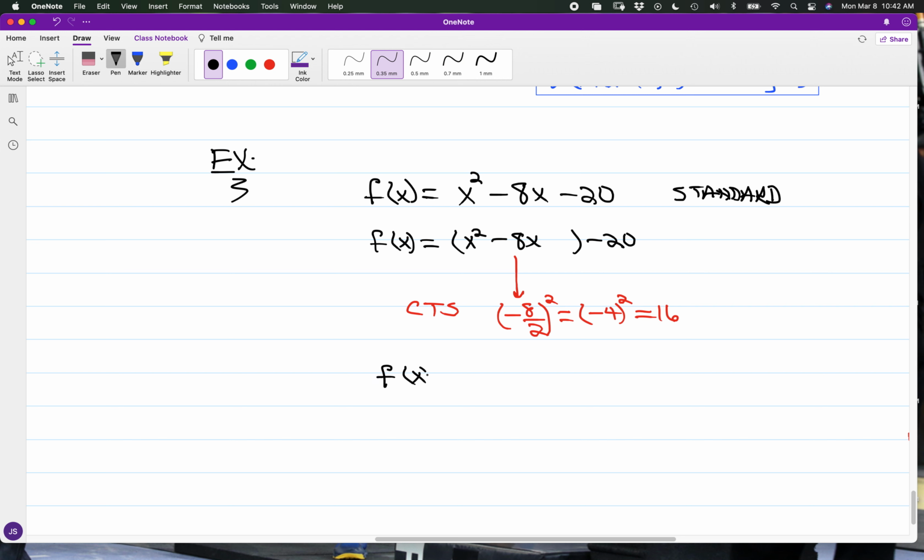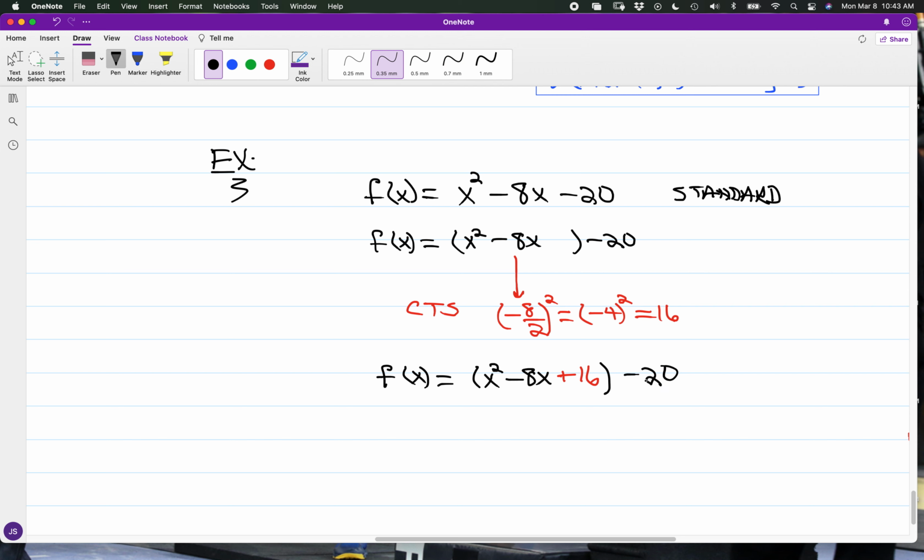So we have f of x is equal to the quantity x squared minus 8x, and again, completing the square results in a positive 16. So we'll add 16 at the front.